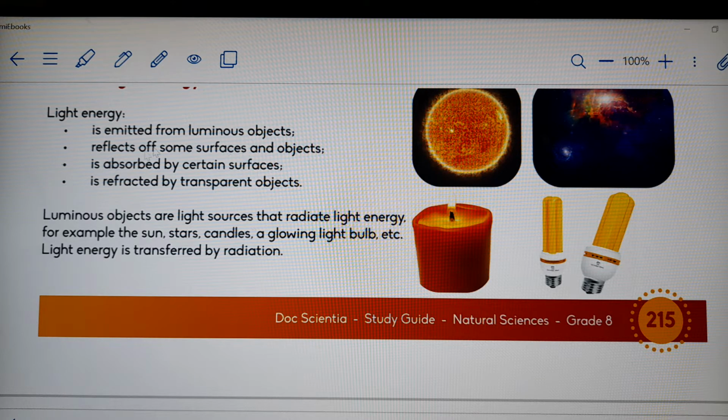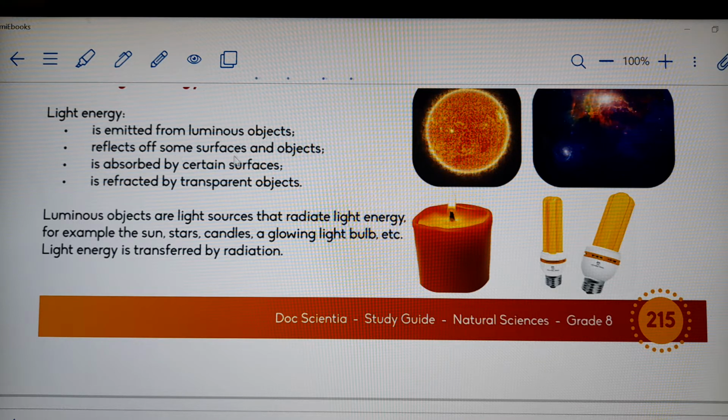So these 4 bullets are the characteristics of light energy. If you are asked about the characteristics of light energy, the first one is that light energy is emitted from luminous objects. Light energy reflects off some surfaces and objects, and light energy is absorbed by certain surfaces, and light energy is reflected by transparent objects.